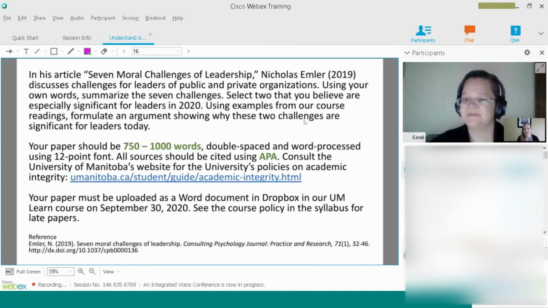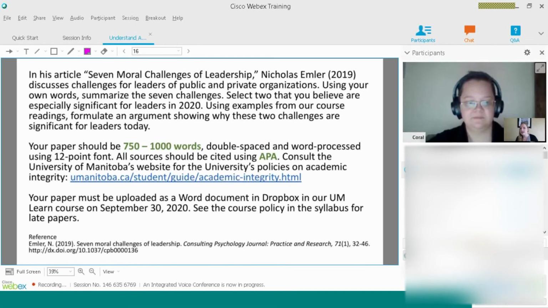So when it comes to formatting, yeah, you guys are right on top of it. 750 to 1,000 words, that word limit, is part of that, and so is APA, the style that you're supposed to be using. Definitely the double-spaced word process using 12-point font is also part of that formatting, but it's more logistics on top of formatting.